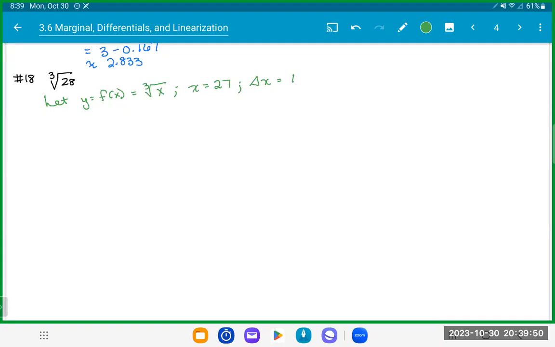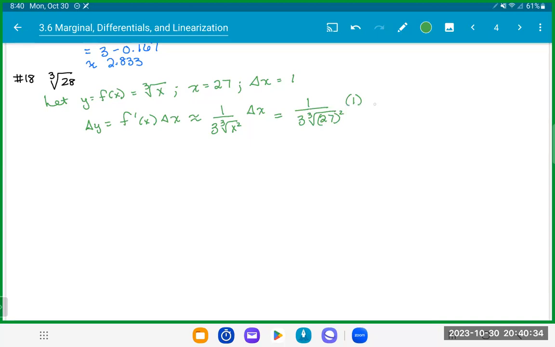Okay. All right. So now we are looking at this and we have our delta y is equal to f prime of x times delta x. So that's approximately 1 over 3 times the cube root of x squared times delta x. Plugging in the x values that we have assumed, we get 1 over 3 times the cube root of 27 squared, okay, times our delta x, which is 1.